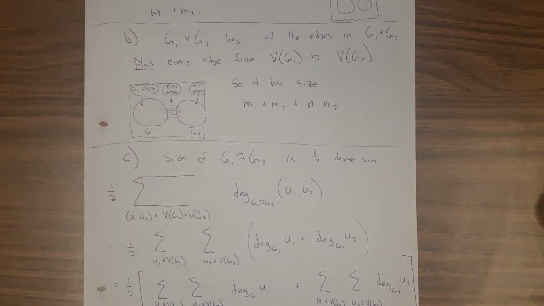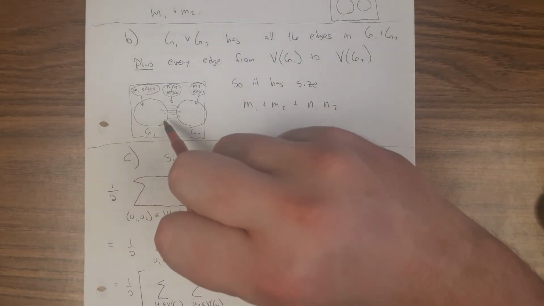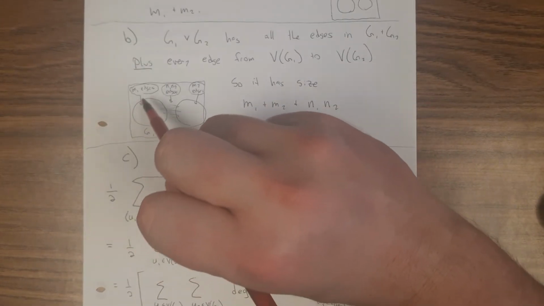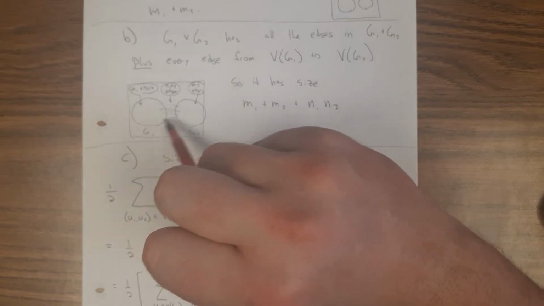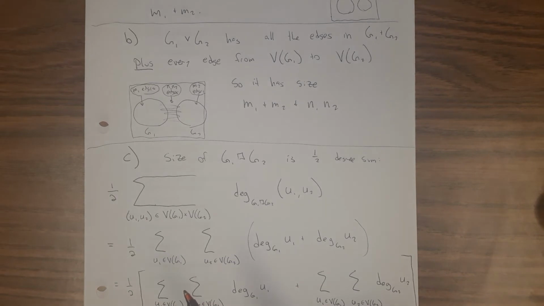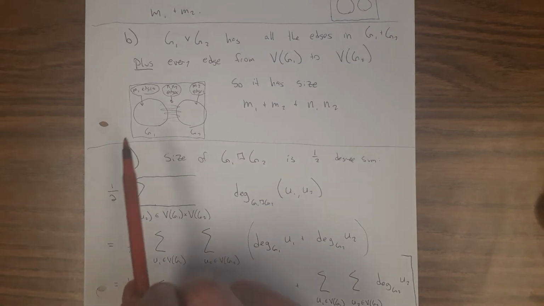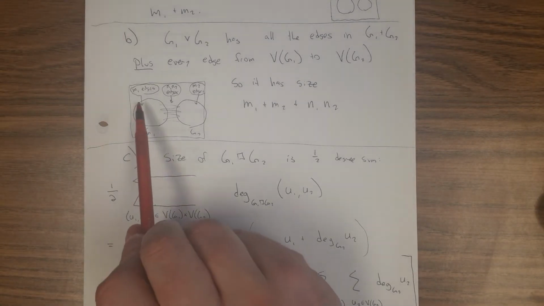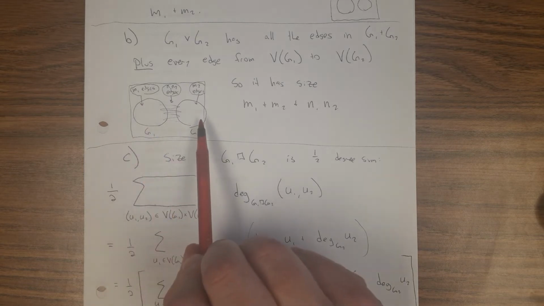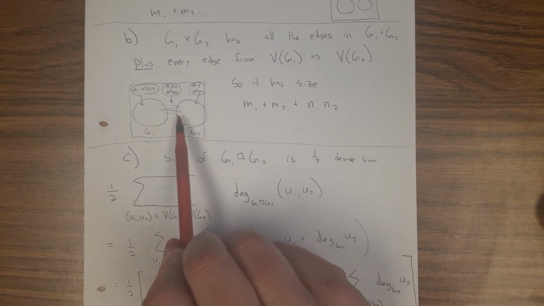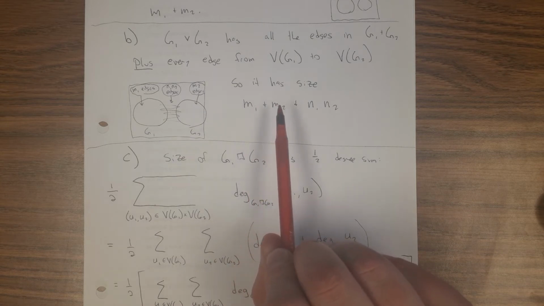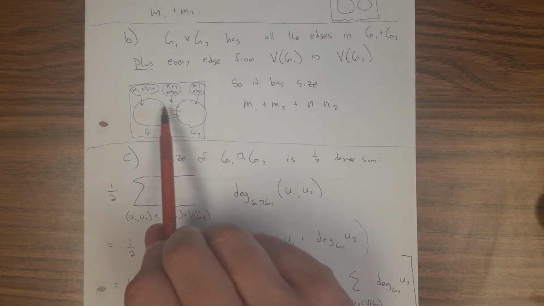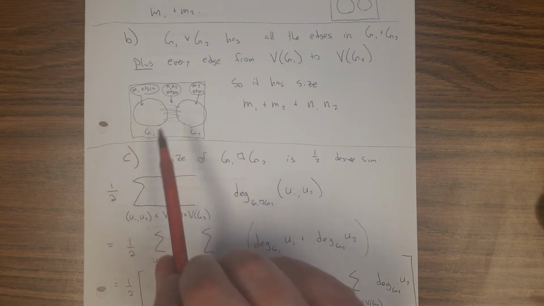Then in part B, we're doing the join, which, remember, in the join, it's like this. You draw a copy of G1, a copy of G2, and then you draw every possible edge between them. Basically, if I have M1 edges here and M2 edges here, then I've got M1 plus M2 plus, okay, how many like this are there?